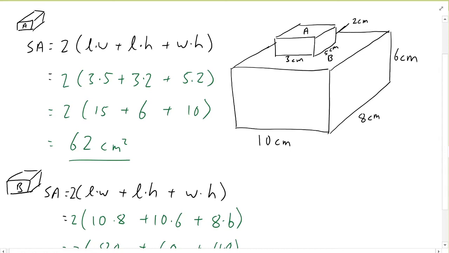So what is that? Well, the bottom of prism A gets covered up, and it sits on top of a part of the top of prism B. And so there's two surfaces here that are now smushed up against each other. They're covering each other up, and they're no longer part of the exterior surface.